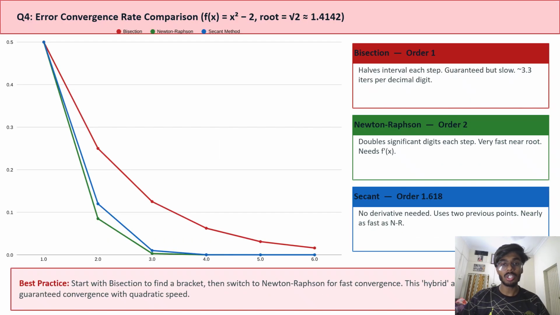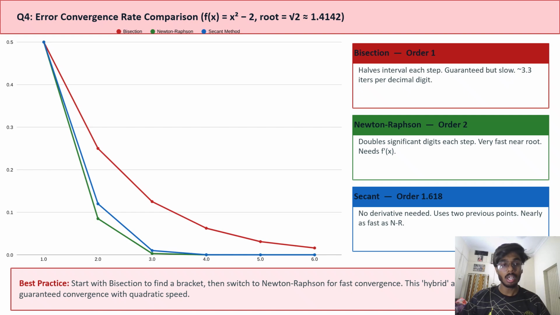Here we have the comparison graph for all the iterative methods. The red line showcases bisection, the green showcases the Newton-Raphson method, and the blue showcases the secant. Here we take an example of x square minus 2, for the square root of 2 equals 1.4142.